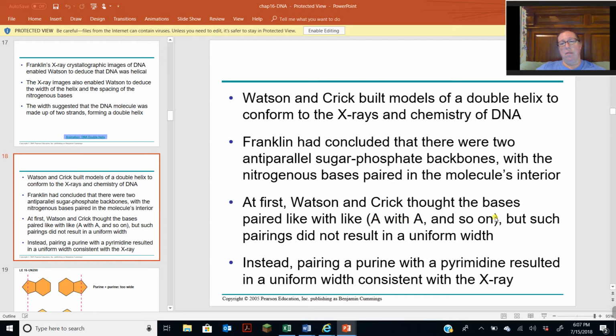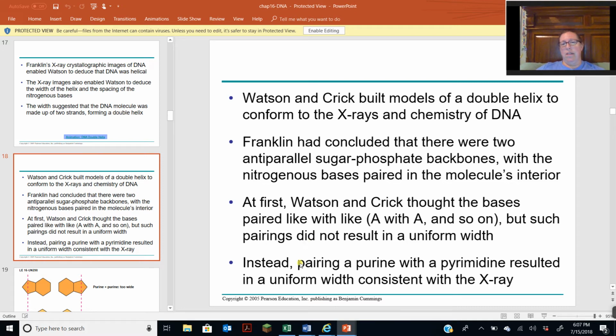But they already had Franklin and Wilkins's work, and they said, wait a minute, something's not right, because the spacing wasn't right. None of this is arbitrary.